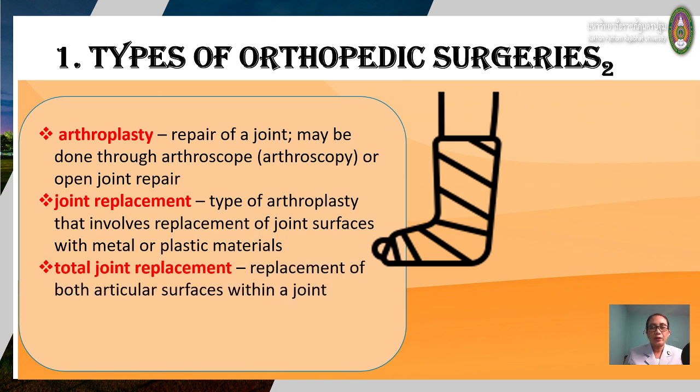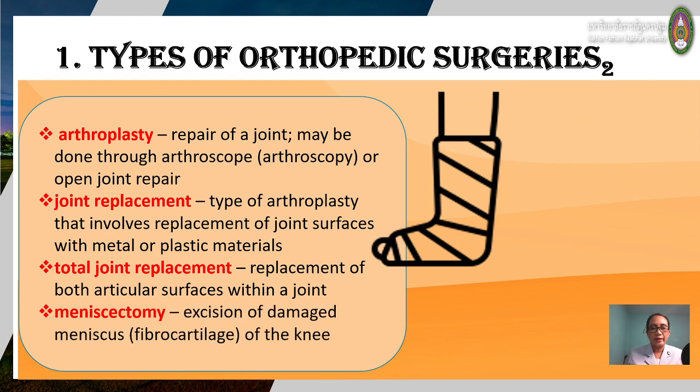Total joint replacement is the replacement of both articular surfaces within a joint. And we also have meniscectomy. This is about the excision of damaged meniscus or fibrocartilage of the knee. So these are the types, right?